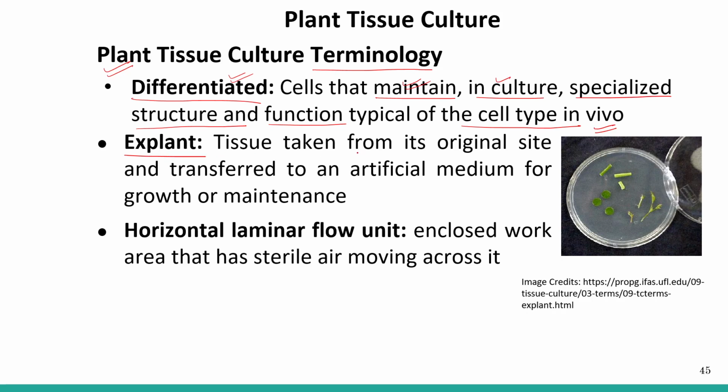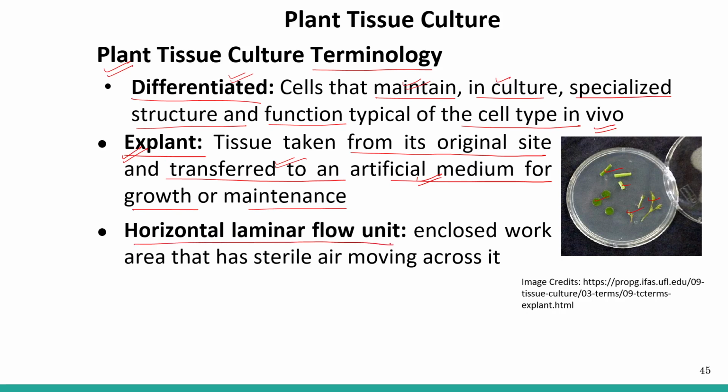Explant: tissue taken from its original site and transferred to an artificial medium for growth or maintenance. The explant could be a part of a stem, a leaf, a bud, any part from the plant. That is the original site, and it has been transferred to the artificial medium, that is the nutrient medium. That particular part of the plant which we take for tissue culture is called the explant.